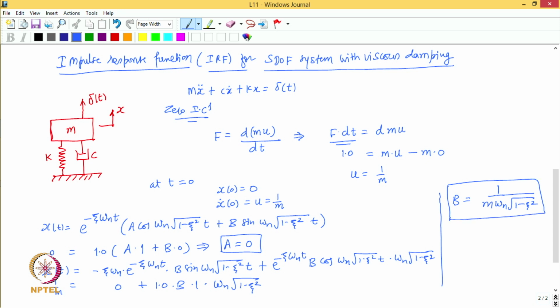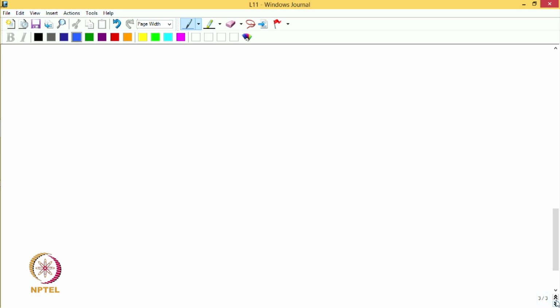So, let us substitute these two constants in the expression for x of t, and that expression would be e to the power minus zeta omega n t. A is 0, so the first term goes away, and the second term is b, whose value is m omega n under root of 1 minus zeta square in the denominator, and then we have into sine omega n under root of 1 minus zeta square t.